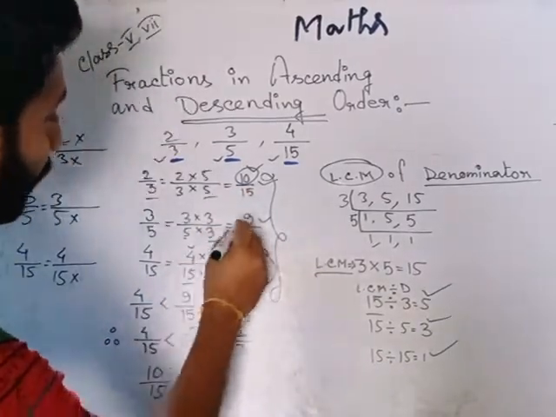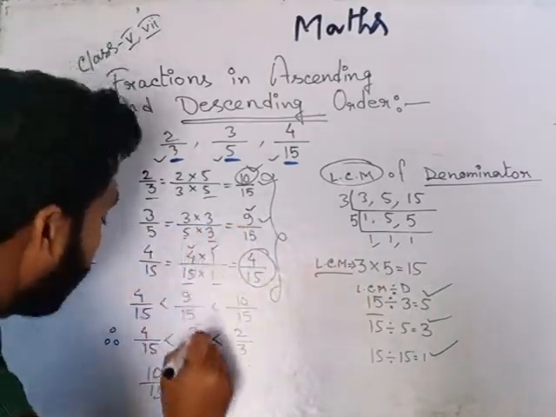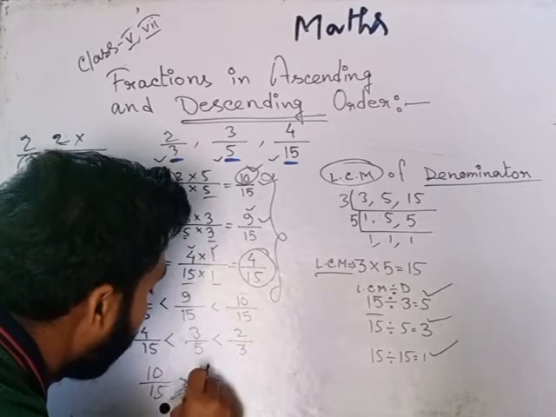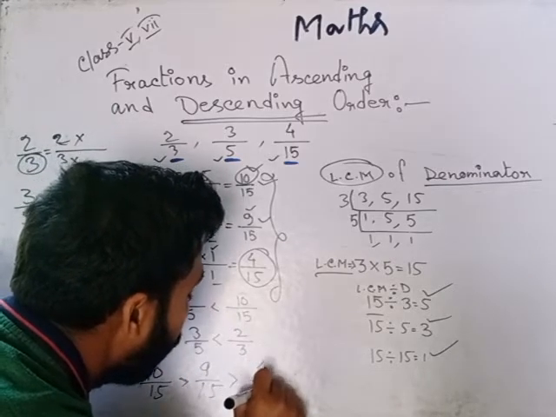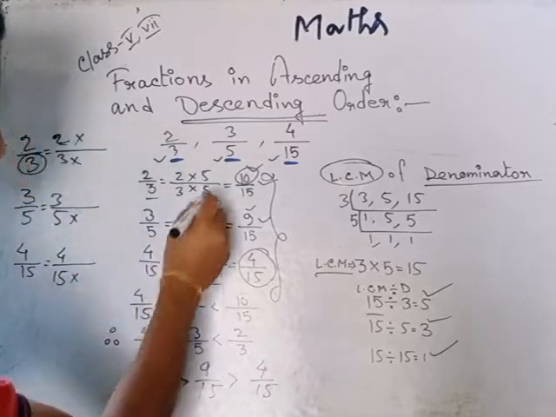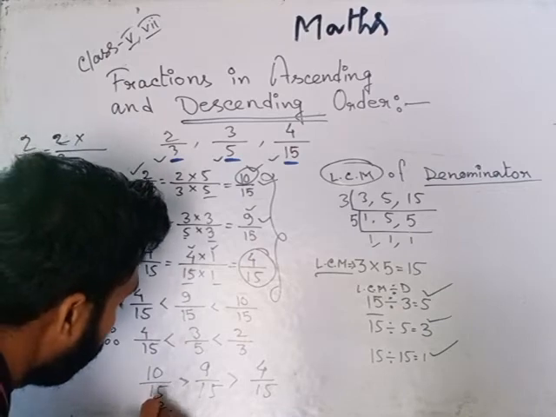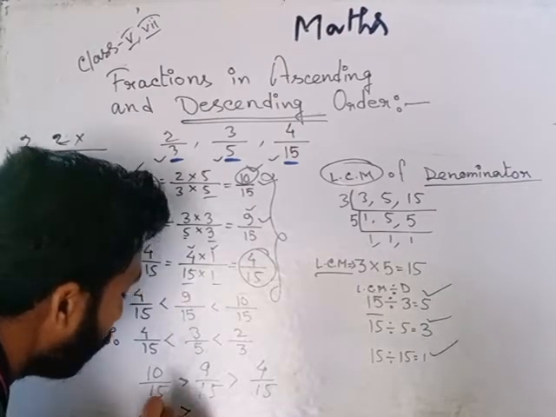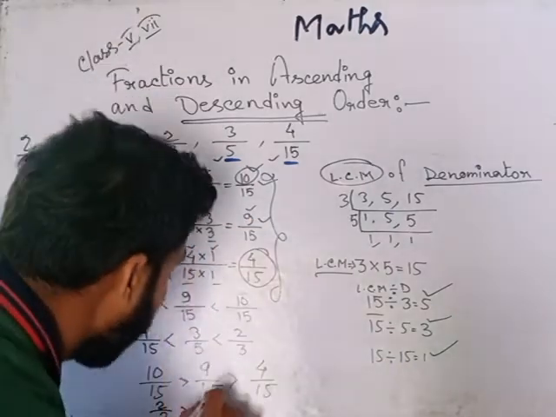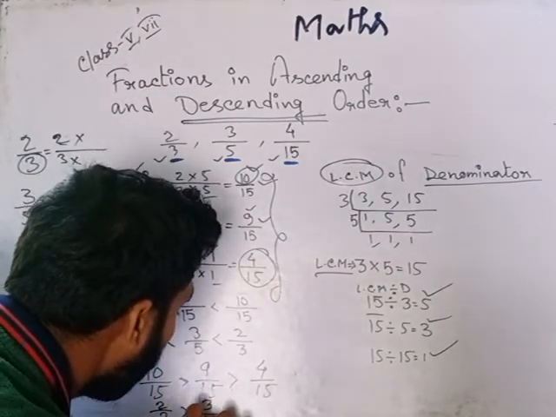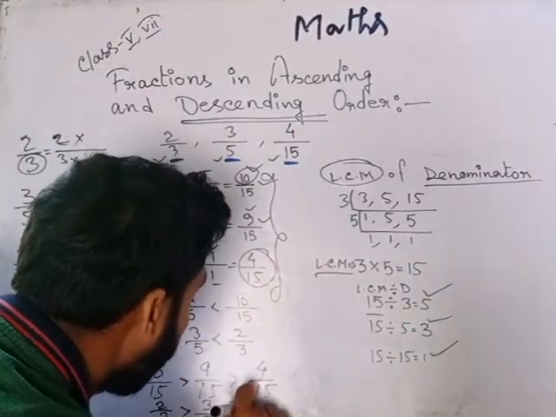After that we go to the next, 9 and 4. 9 is greater, so we write 9 by 15. After that we go to the last and smallest, 4. 10 by 15 is the equivalent fraction of 2 by 3, so we write 2 by 3 and give the greater than sign. 9 by 15 means 3 by 5. After that we go to the next, 4 by 15, also the same, 4 by 15 right here.